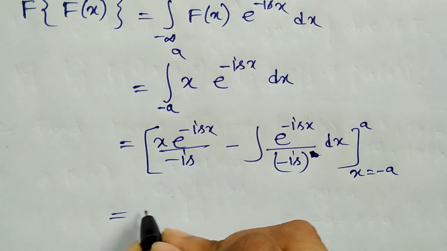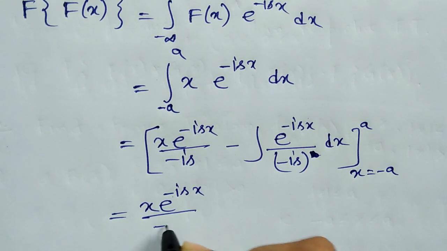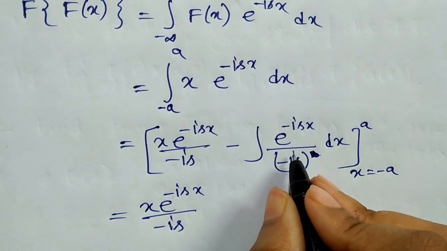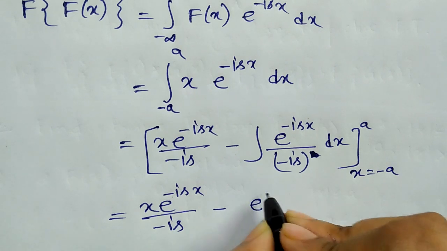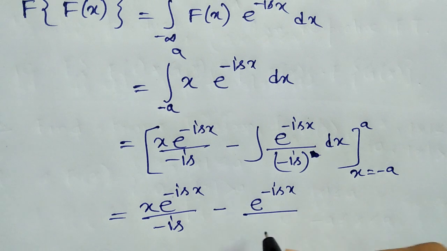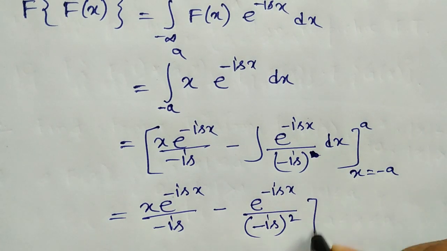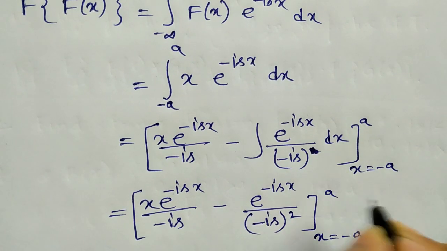Then x e to the power minus isx by minus is, then again integrating this will be e to the power minus isx by minus is, so then this squared, x equal to minus a to plus a.